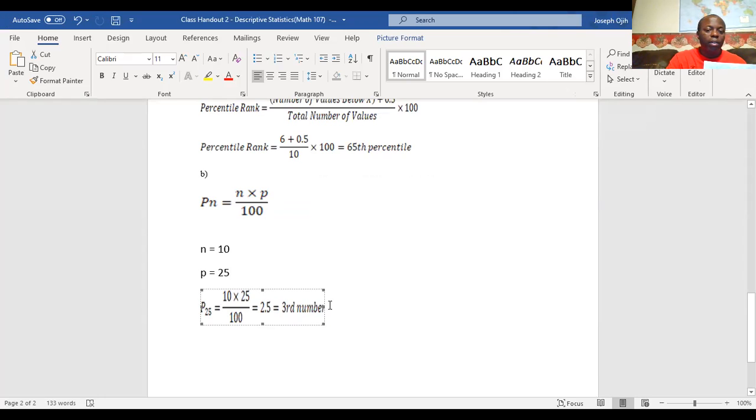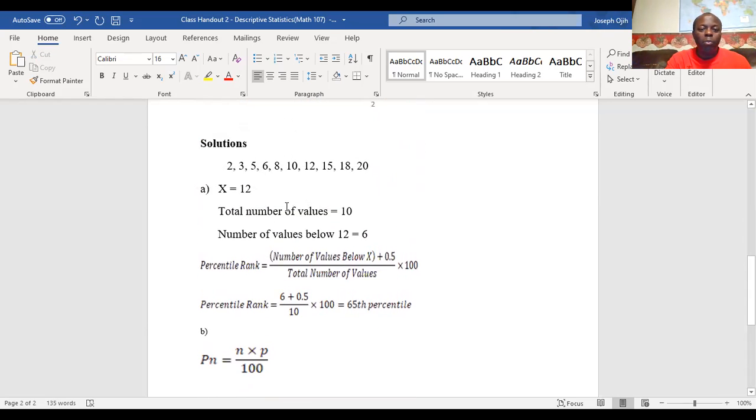So that means the P25, the 25th percentile, equals, we go to our original list where we put the numbers in order and count the third number.